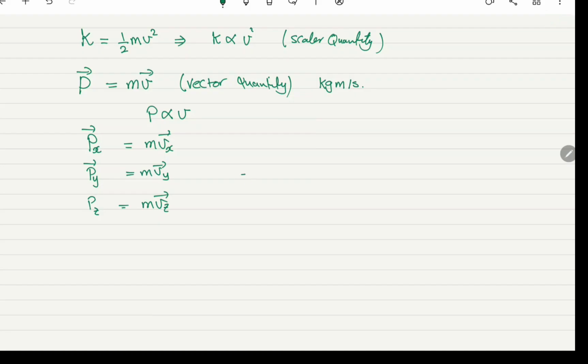Now let's go back to Newton's second law. Sum of all forces equal to ma, or F net equal to ma, and we all know that a is the first derivative of v with respect to time, and in this case here F net equal to d.